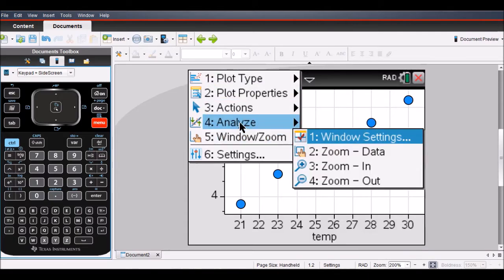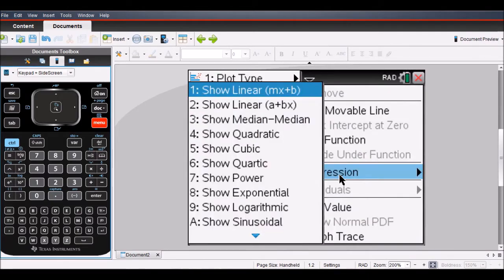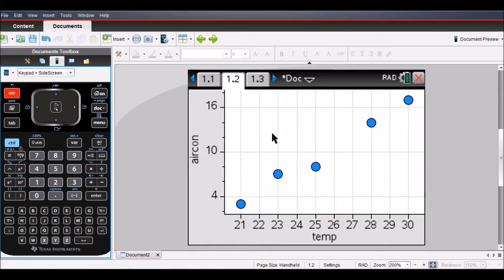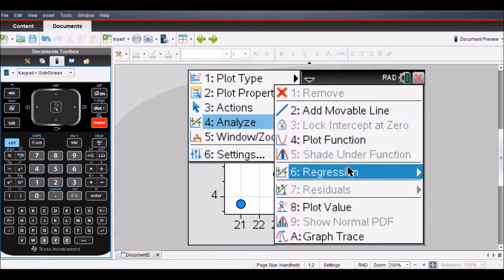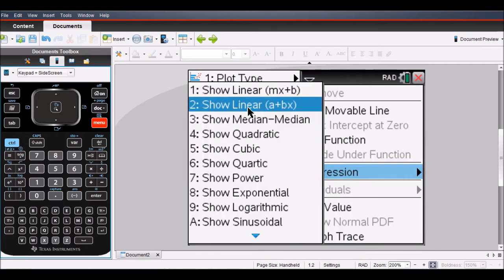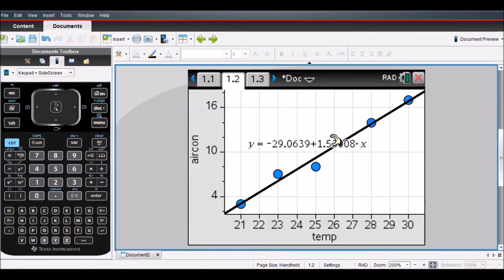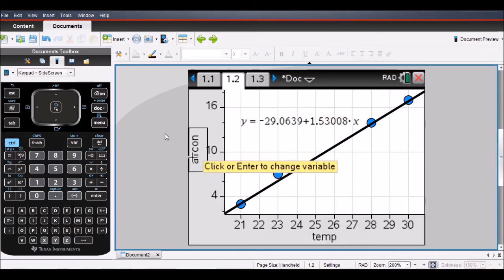Menu, analyze, regression. So remember that. I'll do that again, and pay attention to the detail of making sure the cursor is in the middle. Menu, analyze, regression, and then we're looking at a plus bx. That should give us the formula. So there's my formula.